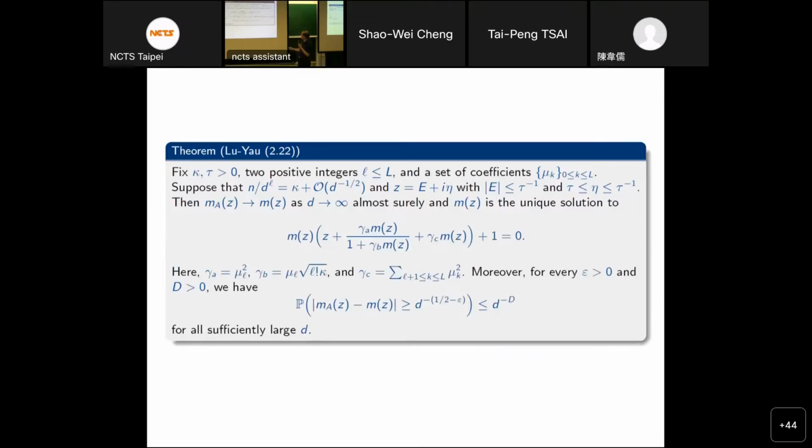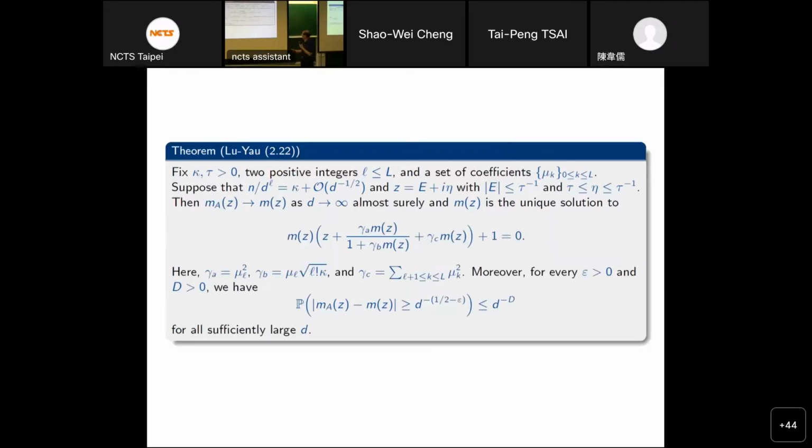The key is gamma C: it is the sum of mu_k squared for k from L plus 1 onward. This means we are able to identify the probability law of this nonlinear case, because once we show it is characterized by this equation, you recover the probability law.